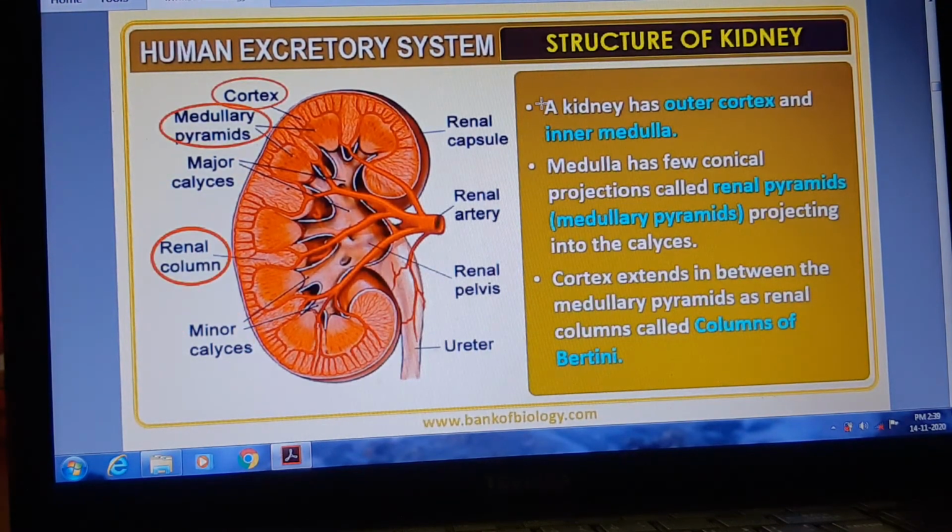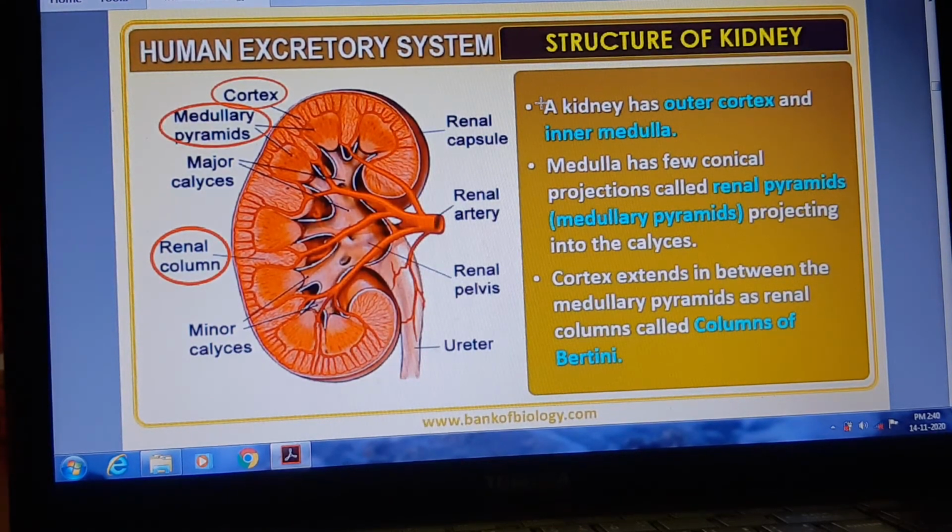Then the kidney has an outer cortex and an inner medulla. In the diagram you can see the outer layer is the cortex and the inner space is the medulla. The medulla has a few conical projections called renal pyramids, under the red circle in the diagram.